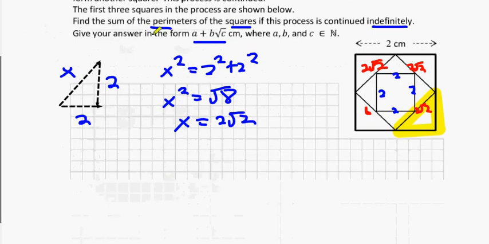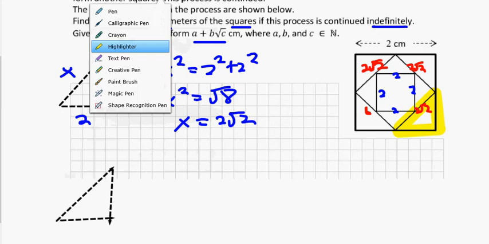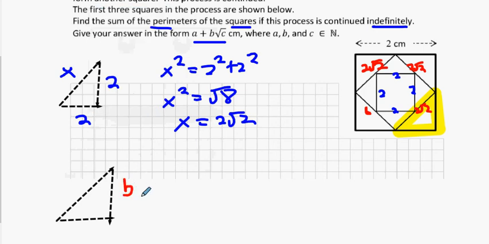They're the same length, so let's call that B. This here B. And we call this root 2.